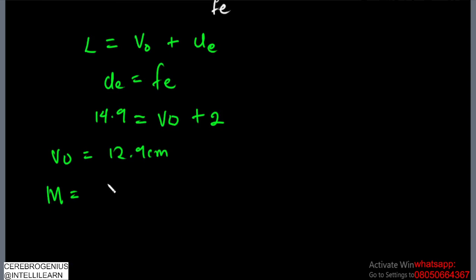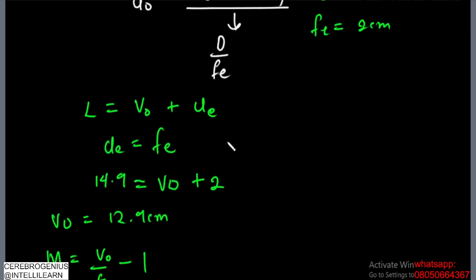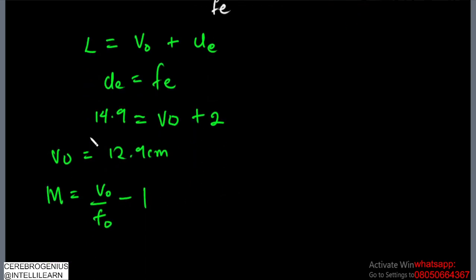So instead of doing the normal v naught over u naught, another formula you can just use is v naught over the focal length of the objective, minus 1. You could have done it normally, using 1 over f equals 1 over v plus 1 over u to get your u, then do v over u, and you still arrive at the same answer.